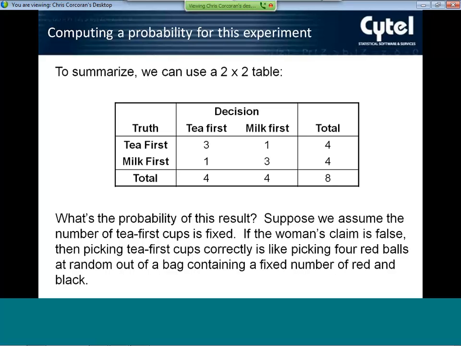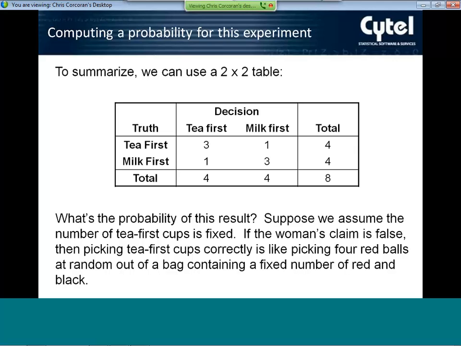And the question is, what's the probability of this? Well, assuming she doesn't know what she's talking about and she can't identify tea or milk first cups in the way that she claimed, then really this is just a bag of red and black balls. So all she's really doing is choosing 4 balls at random, and picking 3 out of the first 4 correctly is like picking 3 out of 4 red balls from a bag of 8 just by chance.